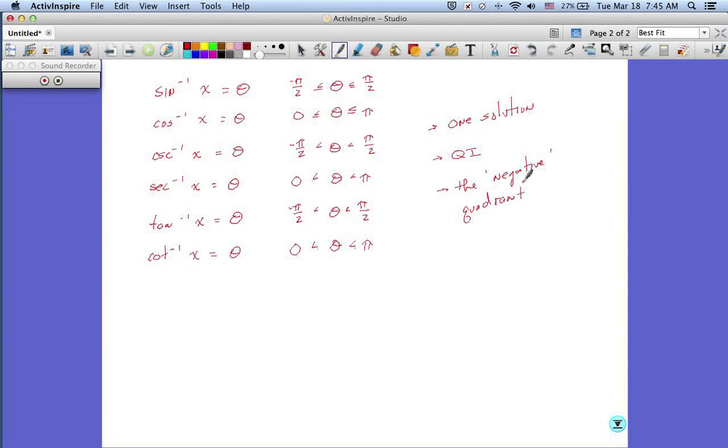If you're talking cosine, the negative quadrant is the second. If you're talking tangent and cotangent, they follow their numerators' negative quadrant. So tangent follows sine's negative, that'd be the fourth. Cotangent follows cosine's negative, that would be the second. And secant and cosecant obviously follow their sine and cosine reciprocal functions for their positive and negative quadrants.